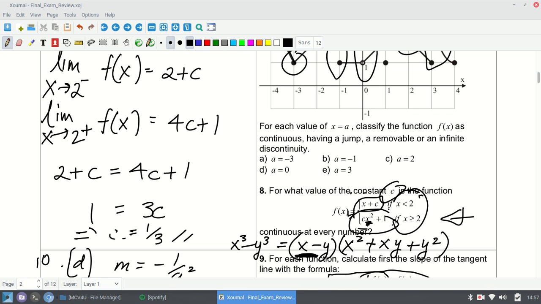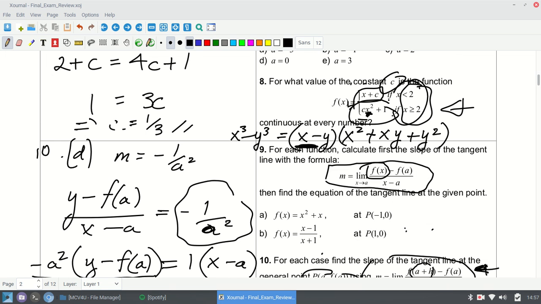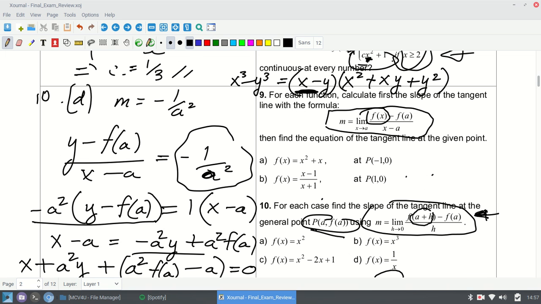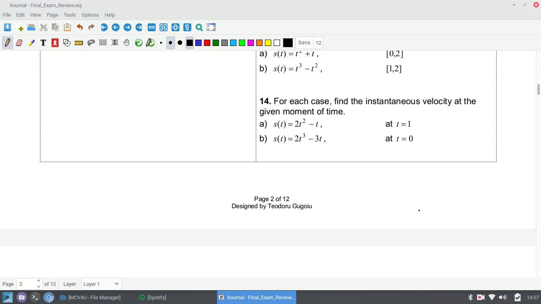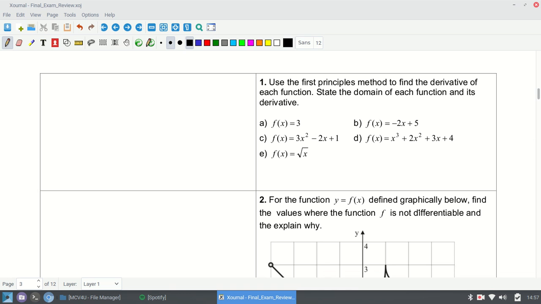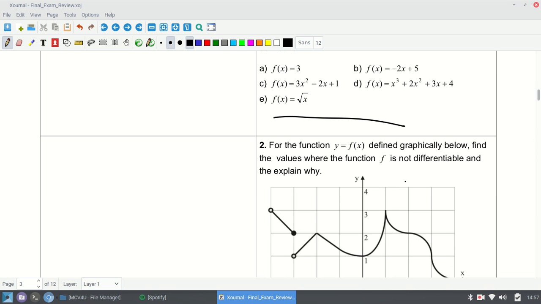The only issue really was at 2. If you found the C such that it's continuous at 2, it's got to be continuous at every number. And then we did first principles. Next time, we'll do average rate of change, instantaneous rate of change, average velocity, instantaneous velocity, and more first principles. And then maybe I might go into whether something is differentiable or not.